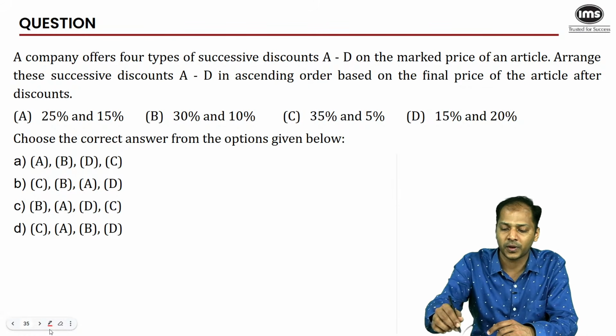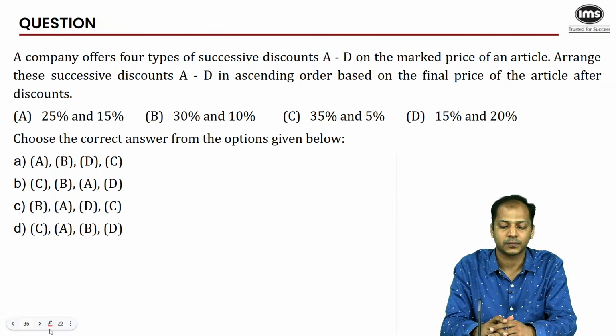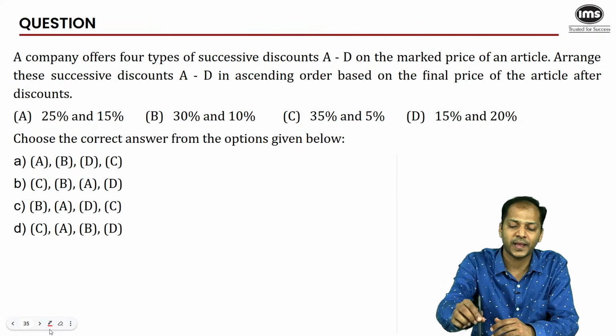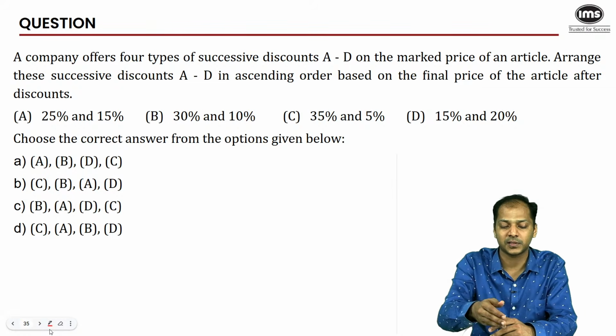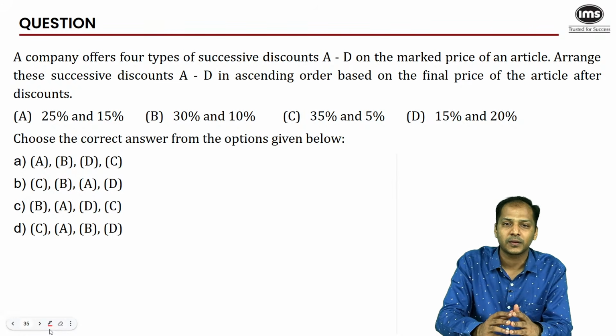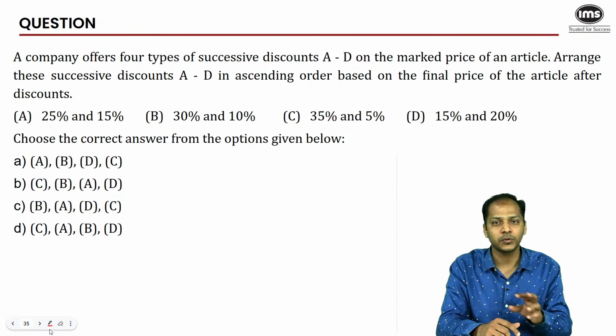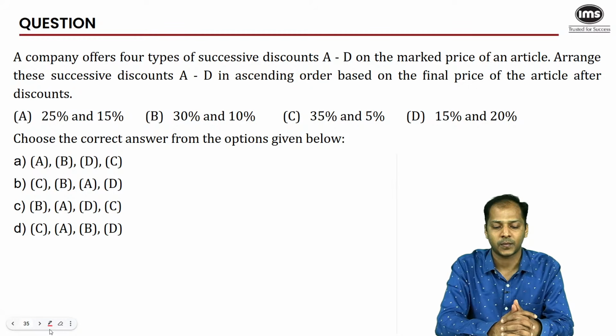See if you are able to figure out the answer. First of all, reading and interpreting what they are trying to say itself is a little confusing. A to D, I thought there were 4 consecutive discounts. However, there are 4 types of 2 consecutive discounts each, or 2 successive discounts each.